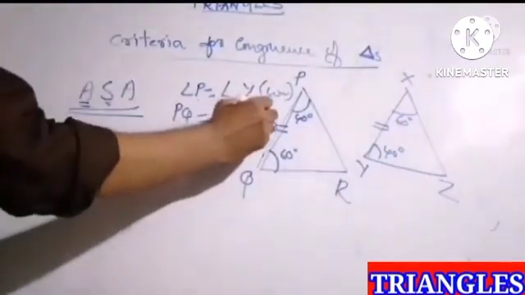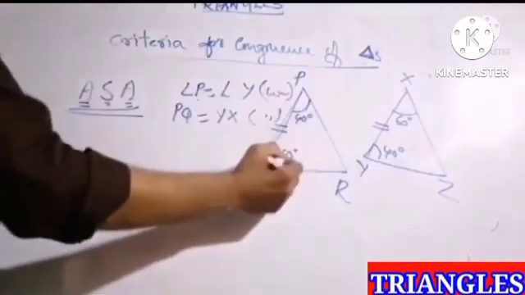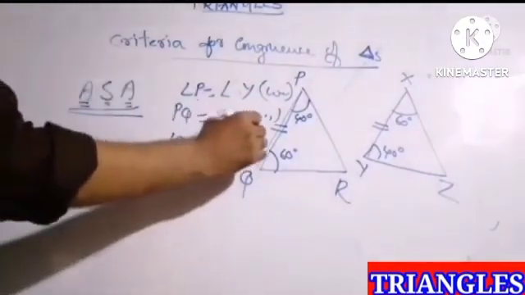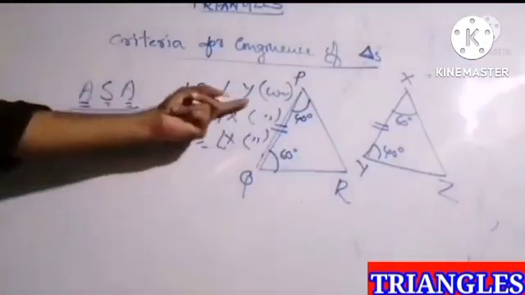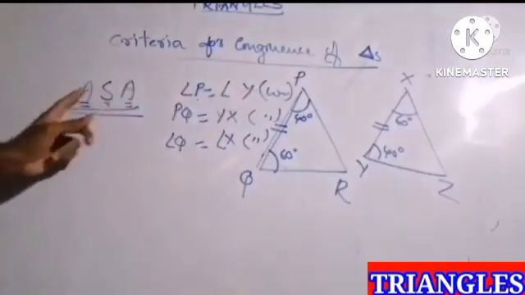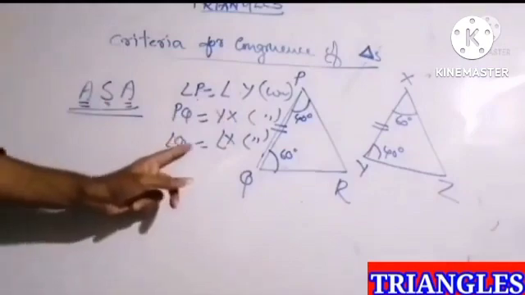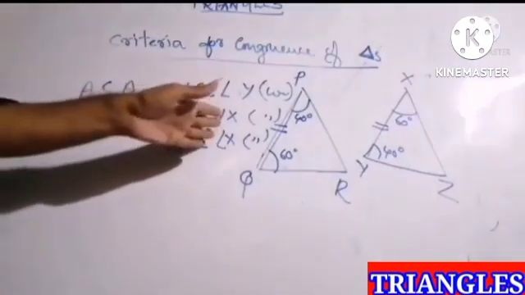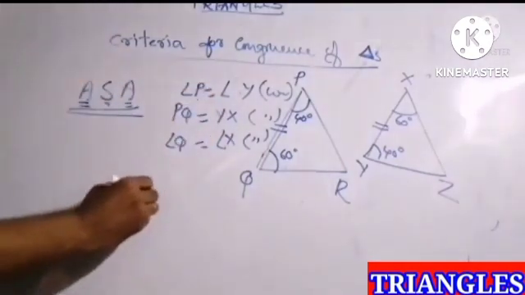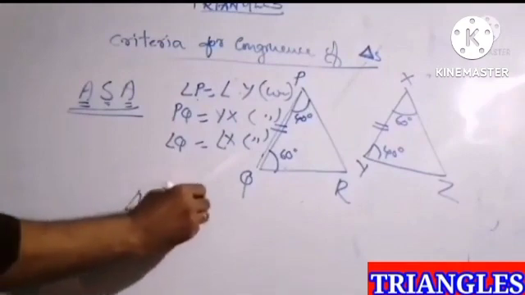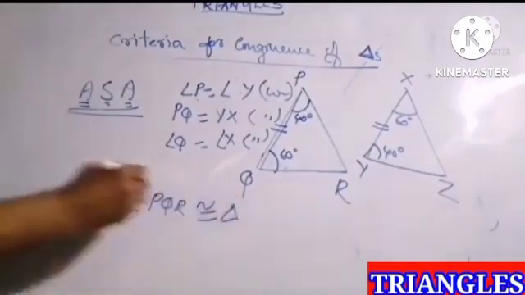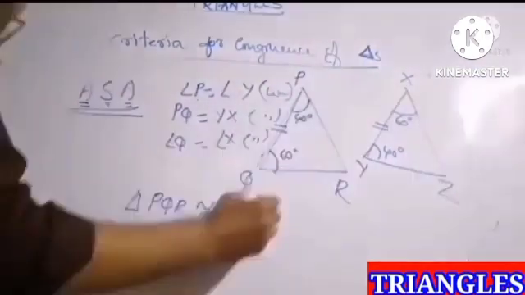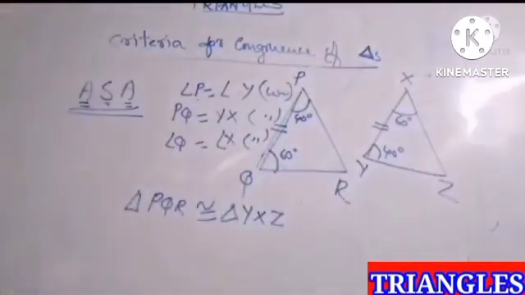Next step, that is also given. The third angle is 60 degrees, angle Q, represented by angle X. Angle P equals angle Y, represented by A. PQ equals YX, represented by S, and angle Q equals angle X, represented by A. So overall, the congruency here is ASA congruency, then triangle PQR is congruent to triangle YXZ, P represented by Y, Q represented by X. So this is a correct choice.